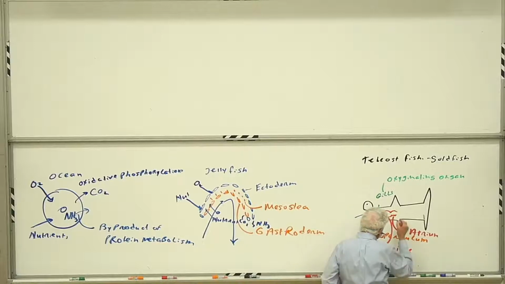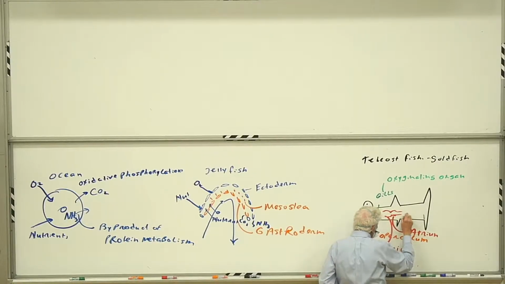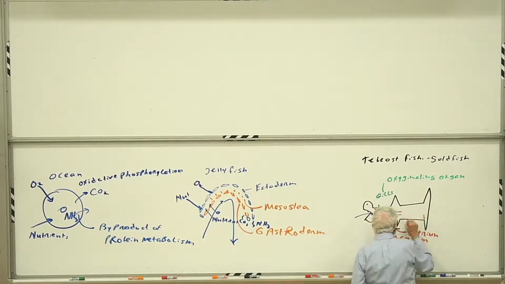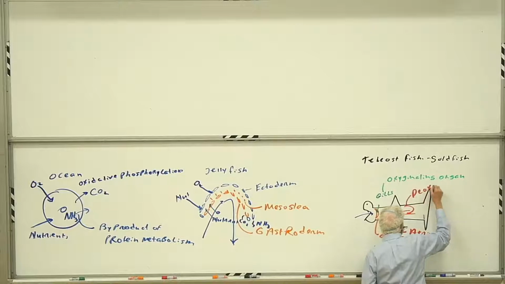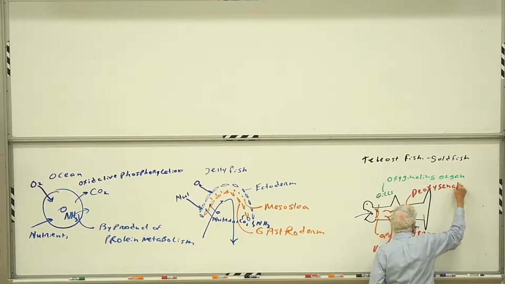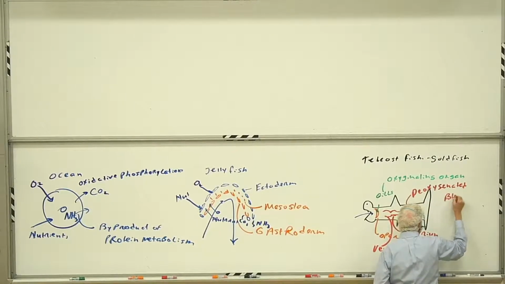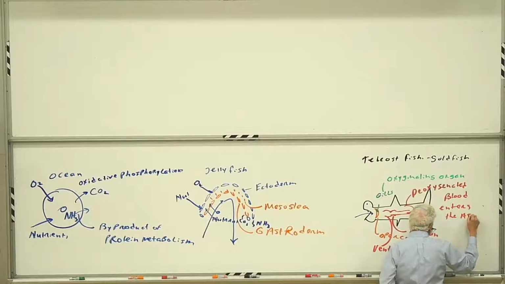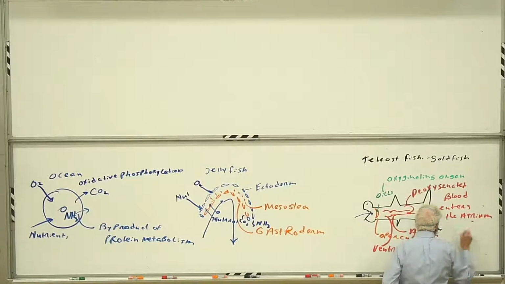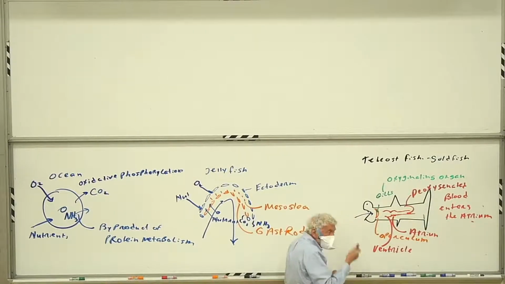And the way the system functions is that deoxygenated blood enters the atrium. The atrium is the receiving structure. It's a receiving chamber.